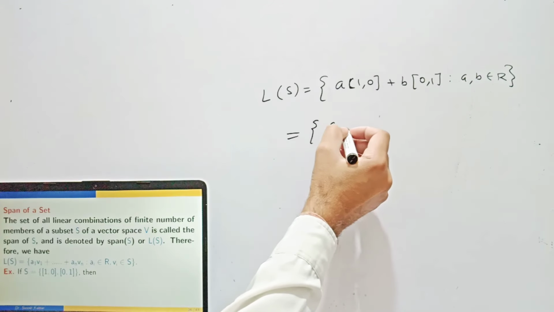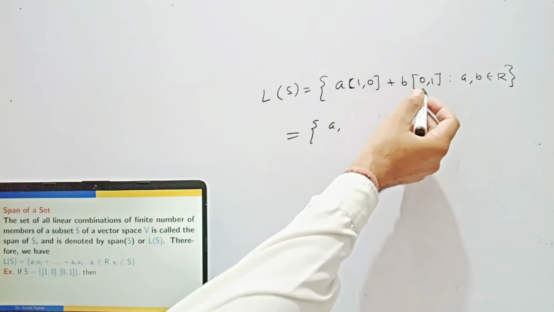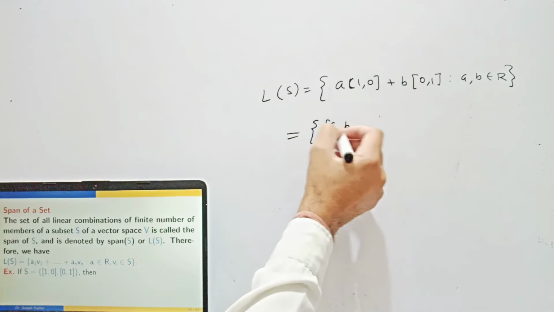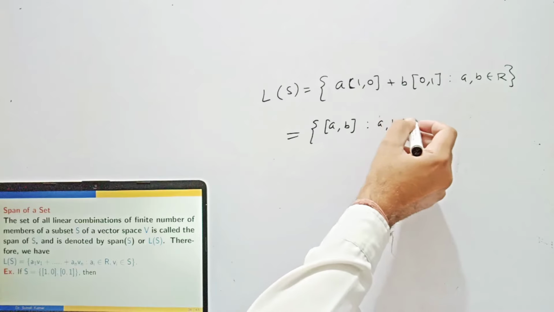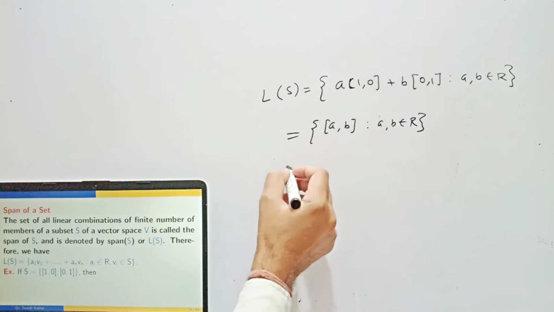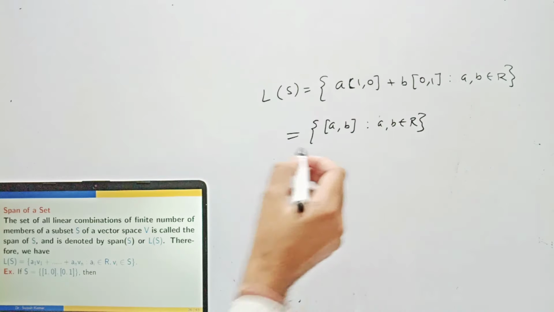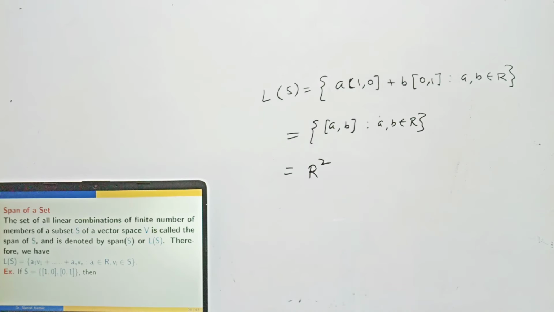It is (a, 0) plus (0, b). After addition you get (a, b), where a, b belong to R. If you see it carefully, it is nothing but R2, the whole vector space R2. So the linear span of this set is the whole vector space R2. Okay.